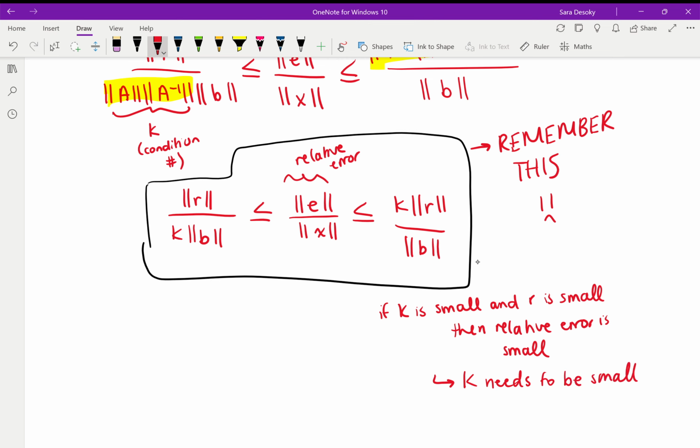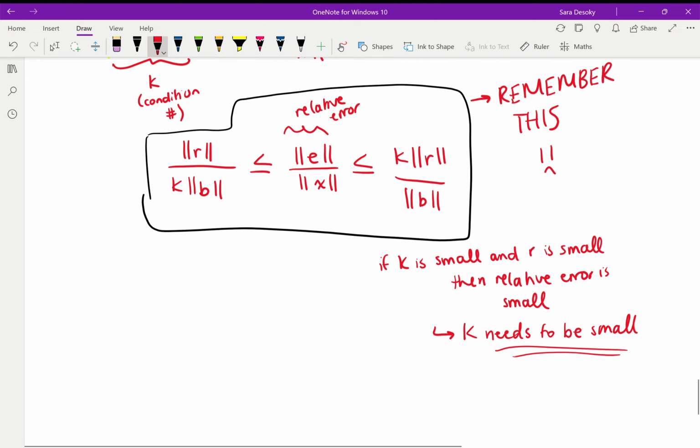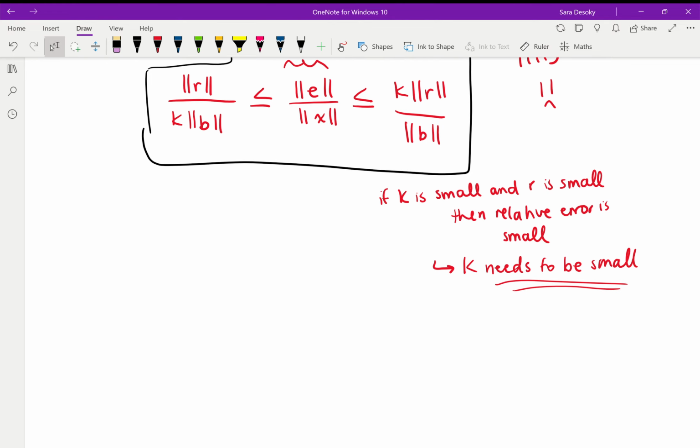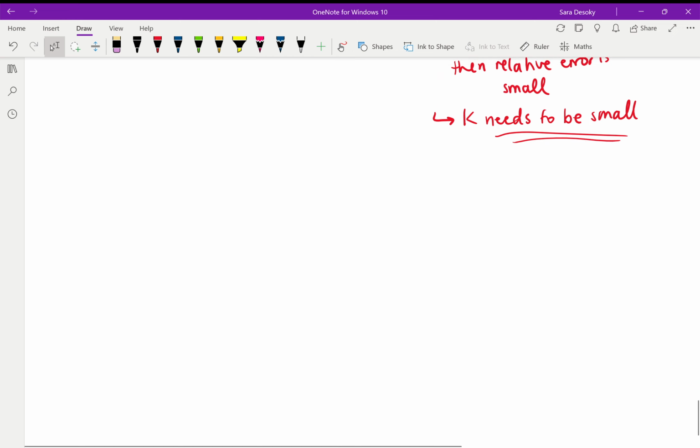Any questions? Let's do a problem. It's the same A as before. This is again in the purple book, but the details are not included. It's 3.11.